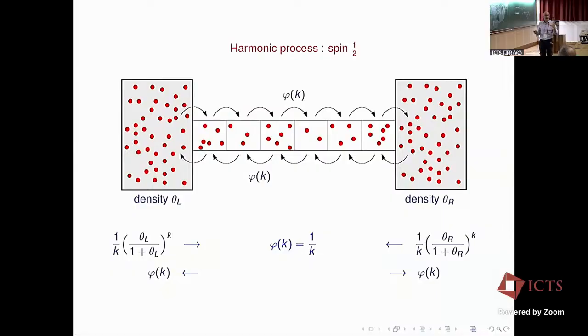So it's a redistribution model of particles similar to KMP. You have a total number of particles at these two sites, and you redistribute them like in KMP. But the redistribution rule is different, and here it's specifically associated to this rate 1/k for spin 1/2. You can define it for every spin.